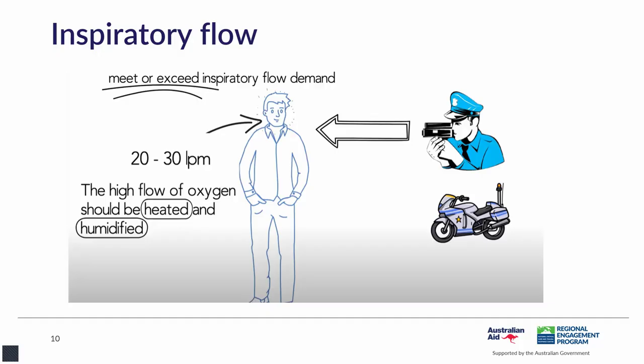But the way we as nurses know that a patient's inspiratory flow demand is increased is by looking at their work of breathing. Are they working hard? Have they got signs of nasal flaring, intercostal recession, tachypnea? All those are signs of an increased inspiratory flow demand.